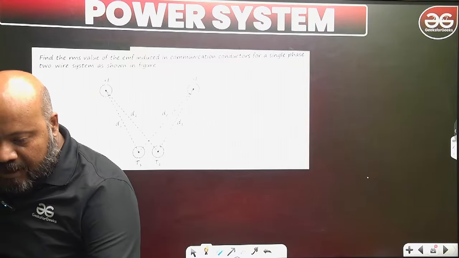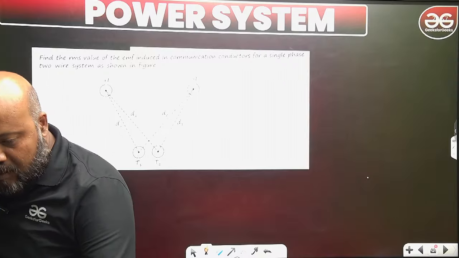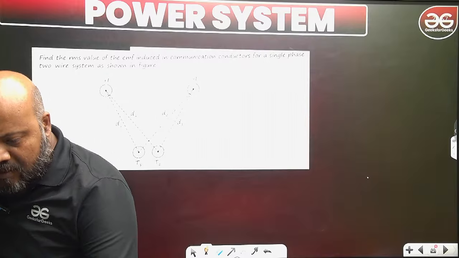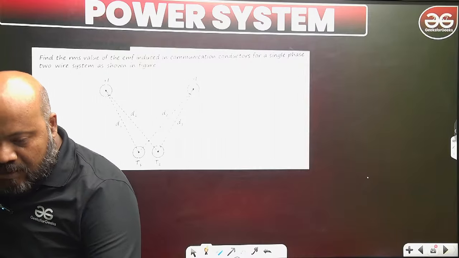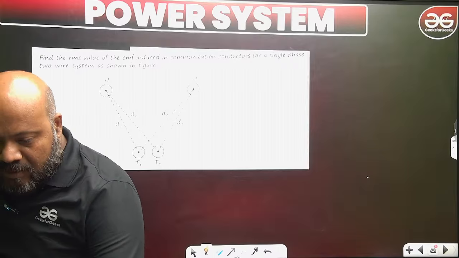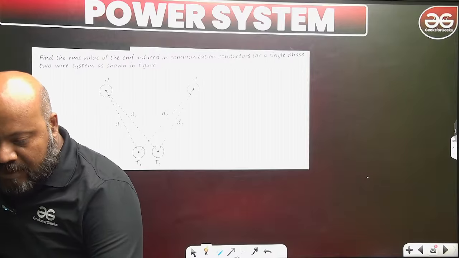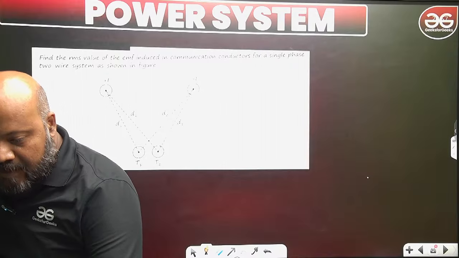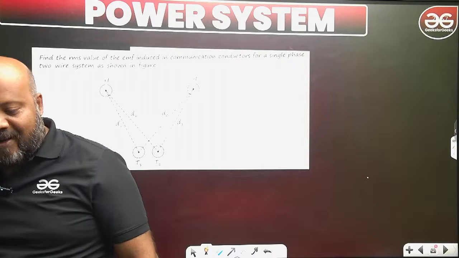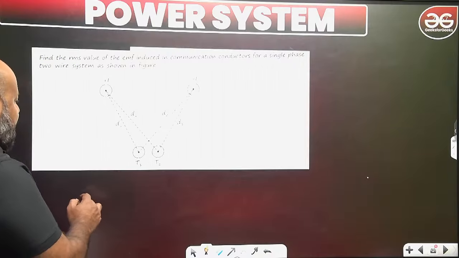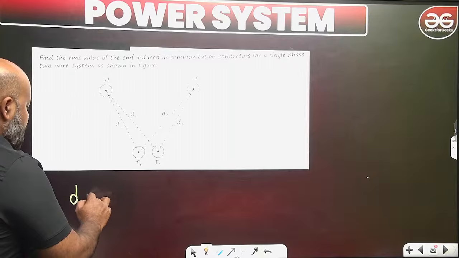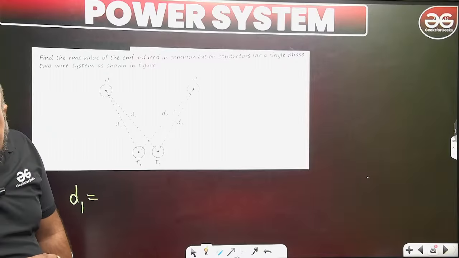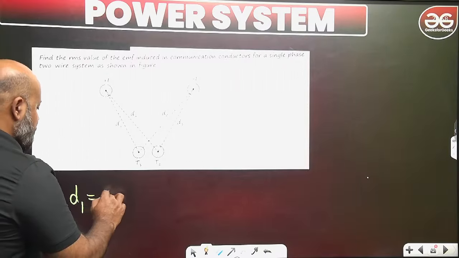Let me just give you the data also. Otherwise, how you are going to solve it? Yes, data is not given actually. So just take the data. D1 is 2.5 meters.